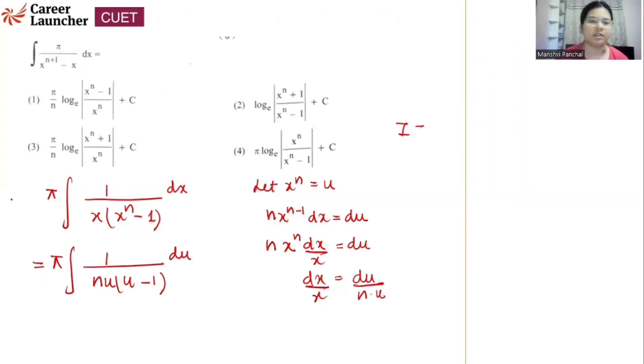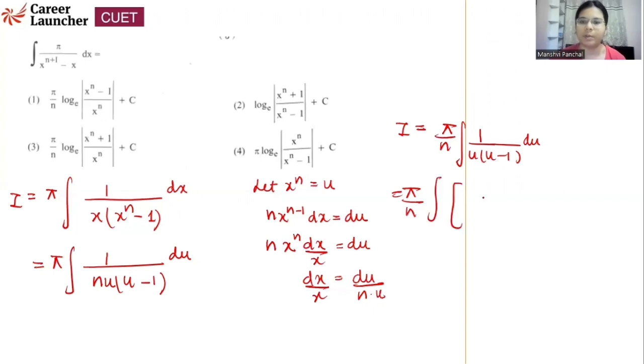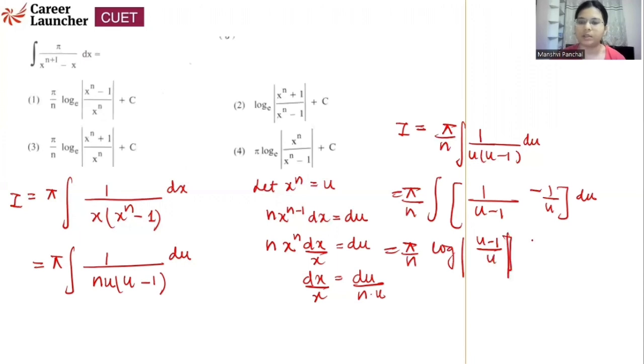So let's just say this I will be pi by n integration of 1 by u minus 1 du. Now this is partial fraction, so I'll break it into partial fractions. So this will become 1 by u minus 1 minus 1 by u du. So integrating it, it will become pi by n log of u minus 1 upon u plus c.